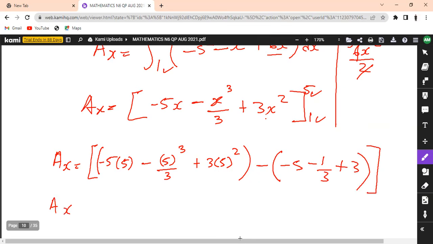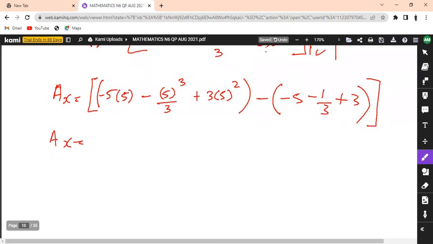Okay, so our area is going to be, if we simplify properly, the first part is going to give us something like 25 over 3 minus the second part, which is going to be minus 7 over 3. Okay, so that's what you're going to have in this case. So if you combine these two, it is going to be 32 over 3.